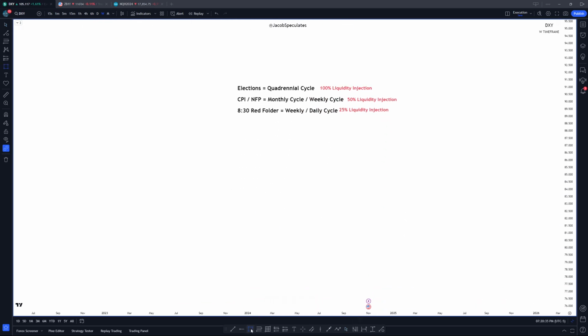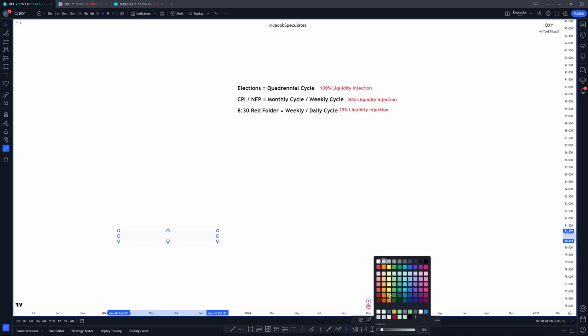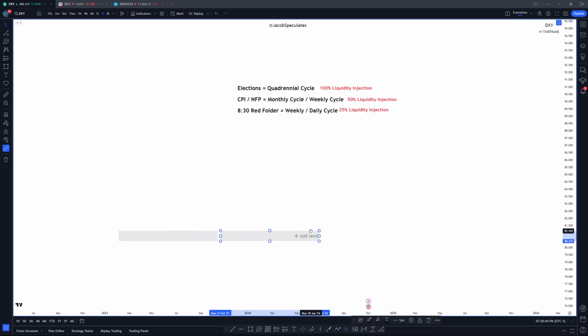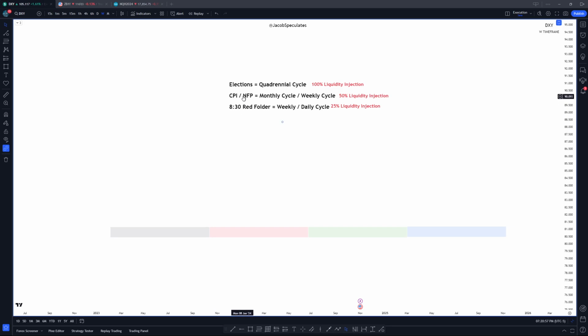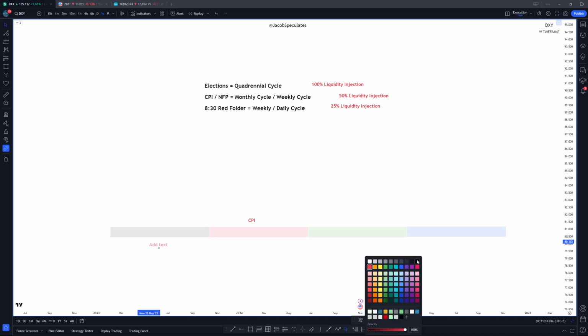So if we're looking at a cycle, and say CPI usually falls on Tuesdays, sometimes Wednesdays, then the liquidity for the cycle, which you would be focusing on the weekly cycle in this scenario, would be like this.